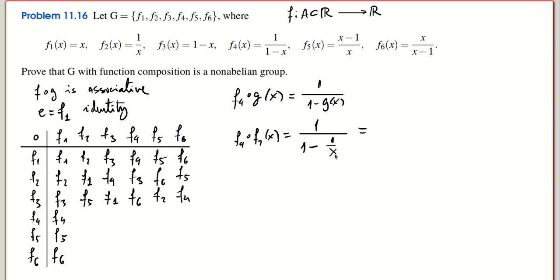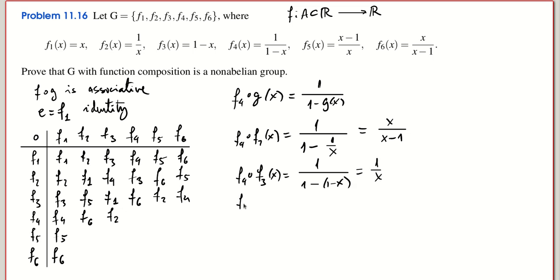If we multiply this here and put the x up here, we have x over x minus 1, which is f6. We compose f4 with f3. 1 over 1 minus f3 is 1 minus x, so this is 1 over x, which is f2.